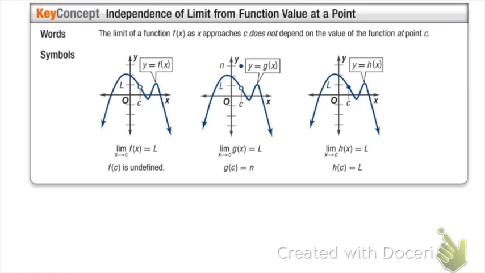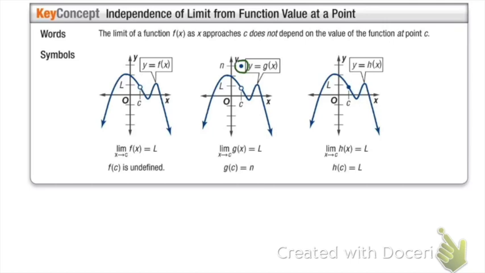When you look at the one in the middle, it has the same graph, except now we've added a closed circle at the top of the graph. The curve still has a hole in it, and the left and right sides are approaching that hole as we get closer to c from left and right sides. But the function g in this case is defined at c. Well, we don't care what's happening at the value of c. We just care what's happening as we get close to c from left and right sides.